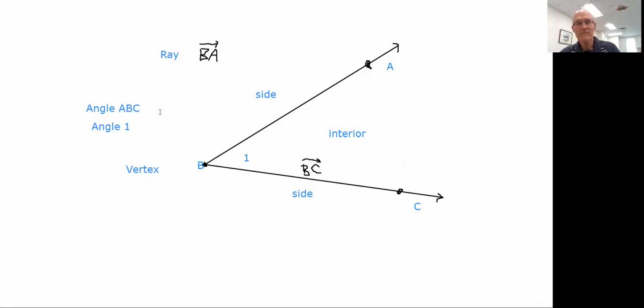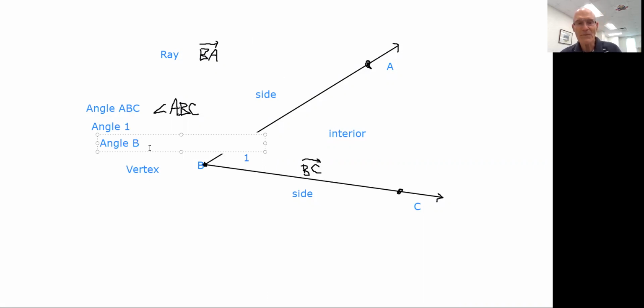In a third way, if you look at the symbol, the angle symbol is just a little angle, so it looks like that. And then I would type in A, B, and C. Or I could type in angle 1, or I can just say angle B. It's got to be a capital letter.